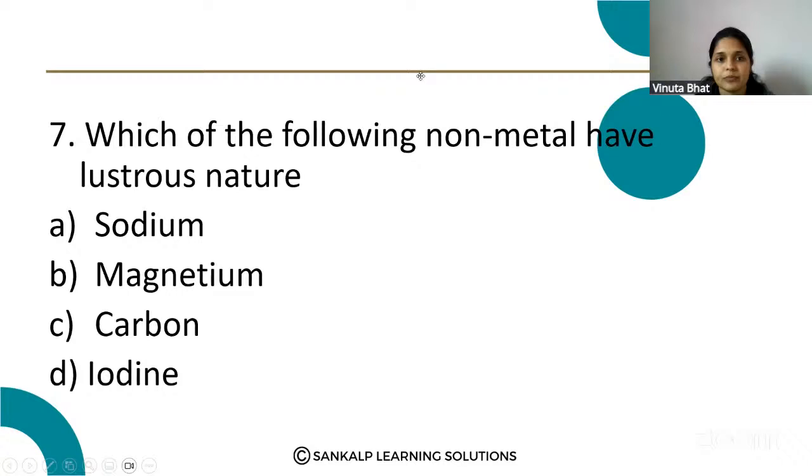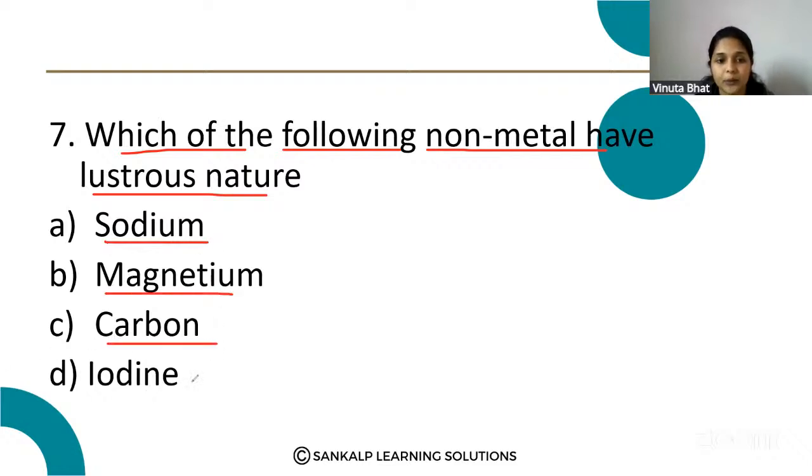Next question. Which of the following non-metals has a lustrous nature? Sodium, magnesium, carbon, iodine.